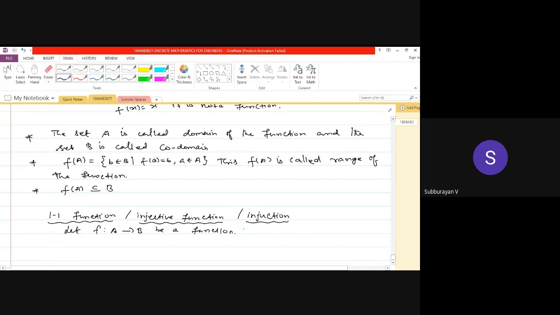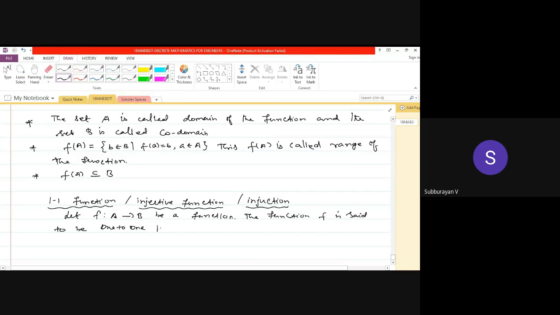Okay, fine. The function f is said to be 1-to-1 if whenever a1 not equal to a2, which implies f of a1 is not equal to f of a2.